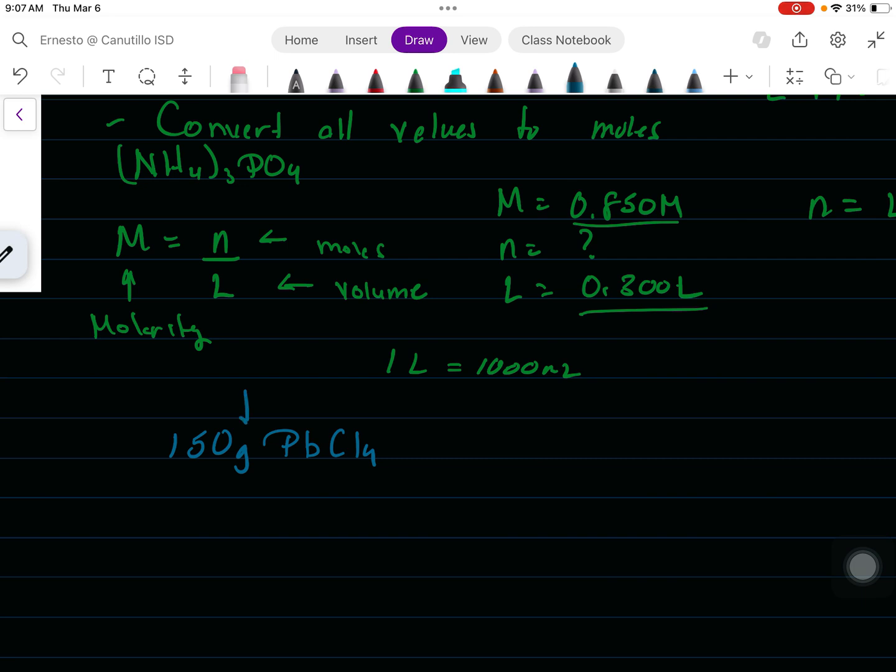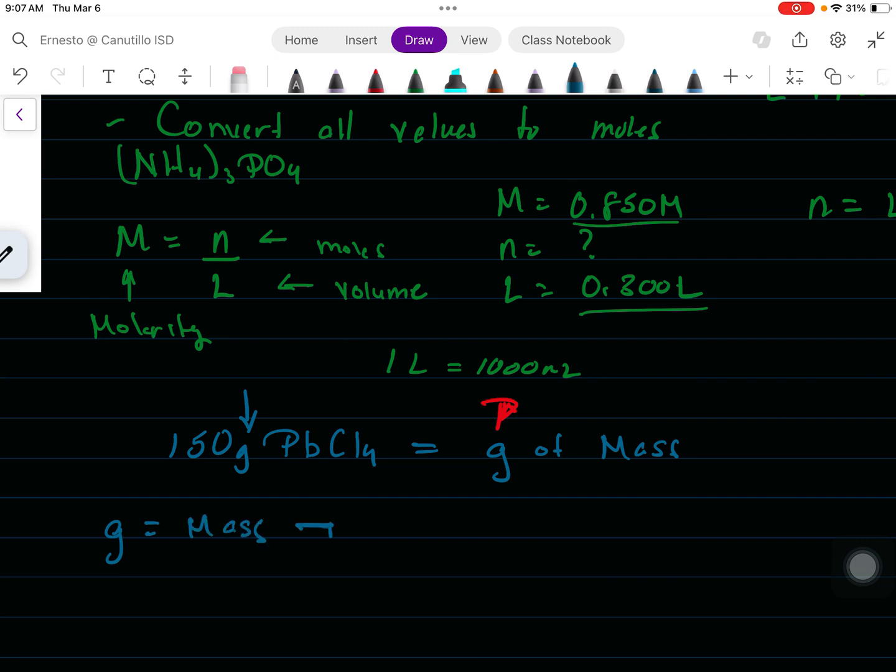What I do see is grams, which is a unit of mass. So anytime I see the G, that is my red flag to say, hey, I'm going to be working with some sort of mass. Grams equals mass.